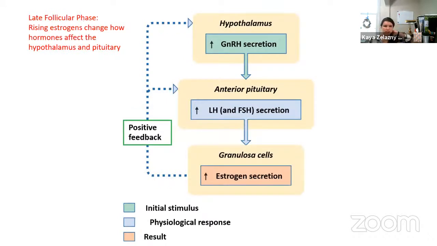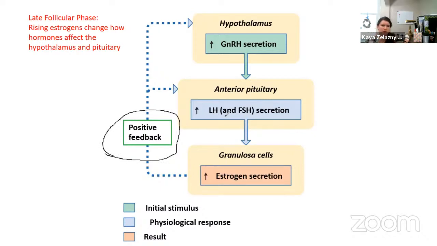As we reach the late follicular phase, estrogen levels in the plasma are now just higher because they've been released by these follicle cells for a while. This changes fundamentally how estrogen affects the hypothalamus and the pituitary. So we move from having estrogen secretion inhibit LH and FSH to a positive feedback loop where estrogen secretion increases LH and FSH.